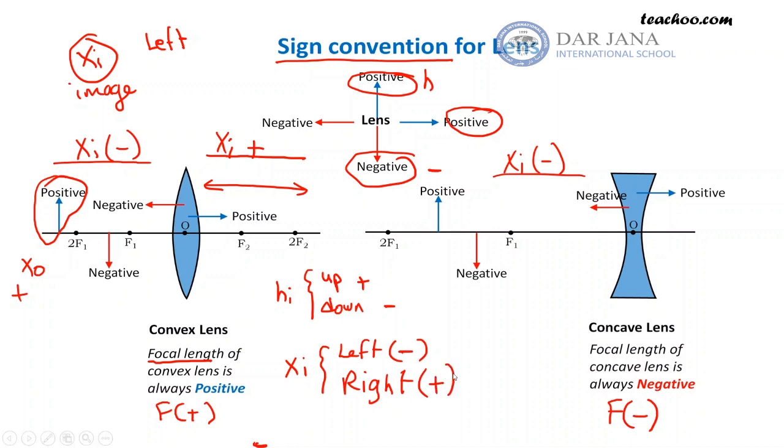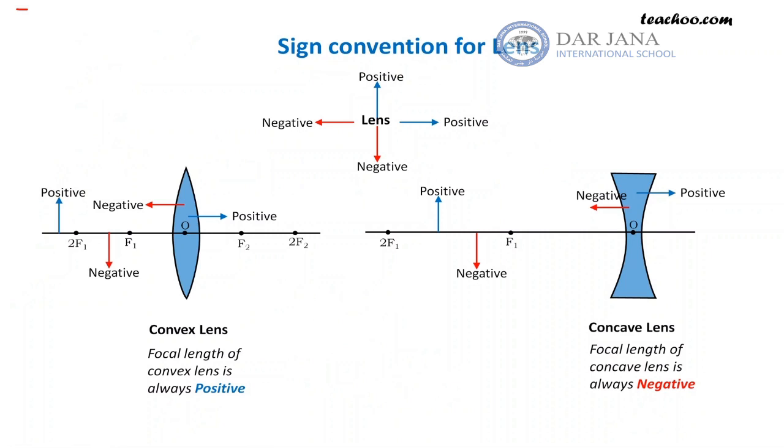Now let's go to equations. We have two equations. The lens equation: 1 over f equals 1 over xi plus 1 over xo, where xi is the image position and xo is the object position.